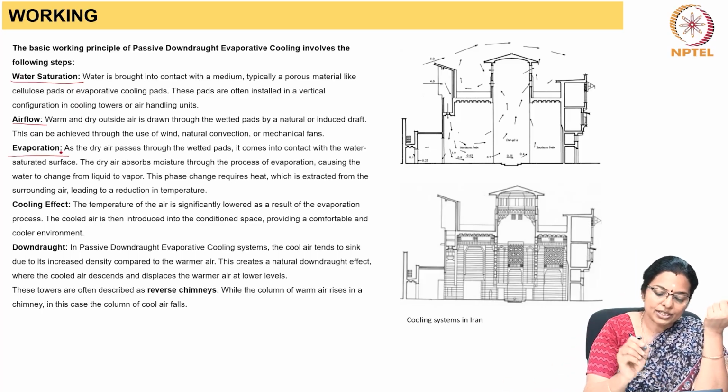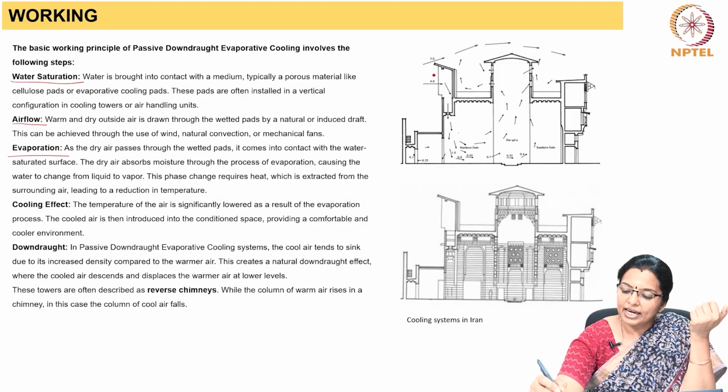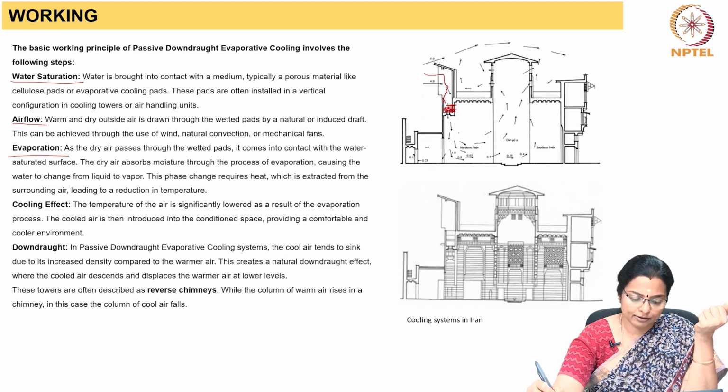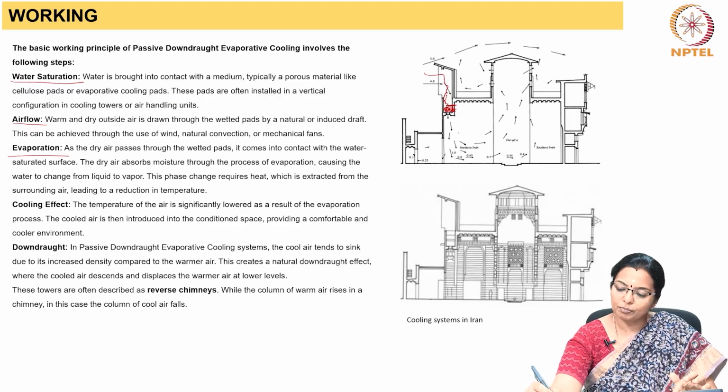Third is evaporation. As the dry air passes through the wetted pads, it comes into contact with the water saturated surface. The dry air absorbs moisture through the process of evaporation, causing the water to change from liquid to vapor.